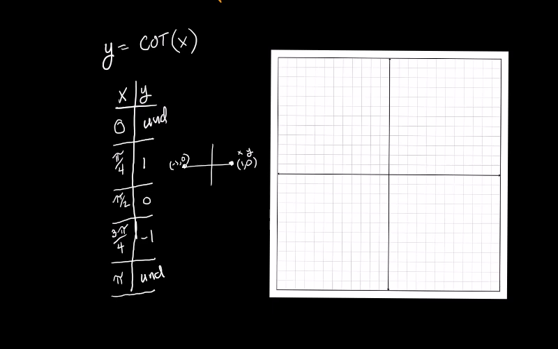And so that's where we have things that are undefined. That, again, like tangent, will mean that cotangent starts with an asymptote and ends with an asymptote. These are both vertical asymptotes, and that is one period of an infinite number of periods as cotangent moves all the way to the left and right, but they'll start and end with asymptotes. So take a look: you've got 0 and then pi fourths, pi halves, 3 pi fourths, and pi.